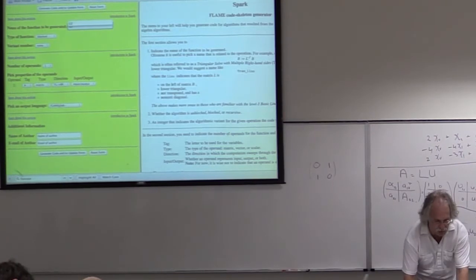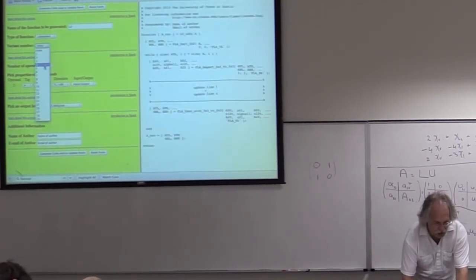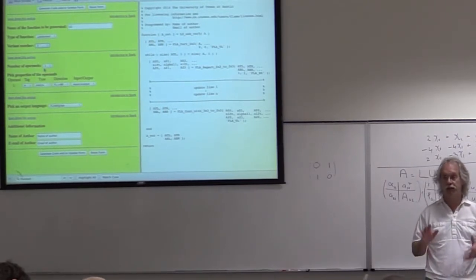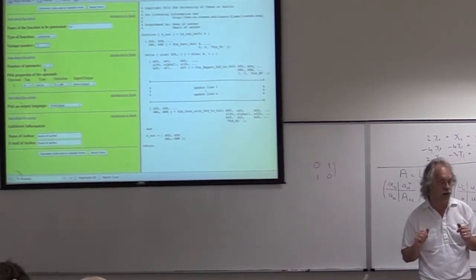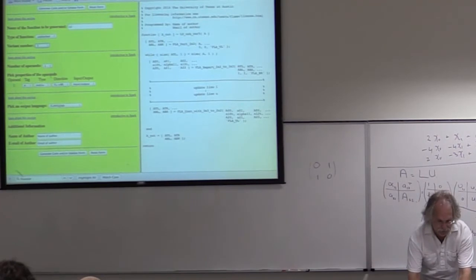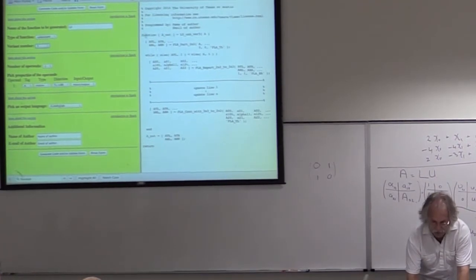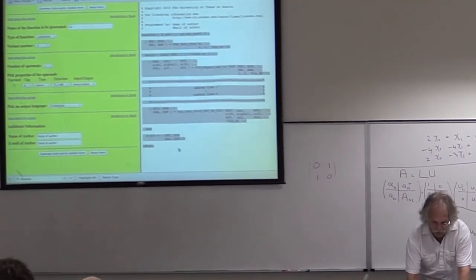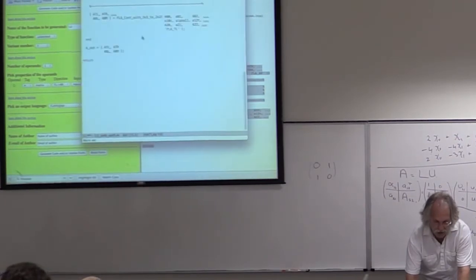We say we want to create an LU factorization. I'm going to call this variant number 5 because there are actually 5 different algorithms for LU factorization. And it happens to be that we usually call this the 5th one. So there we are. And then we just take this. You've done this for QR factorization. We plug it in here.